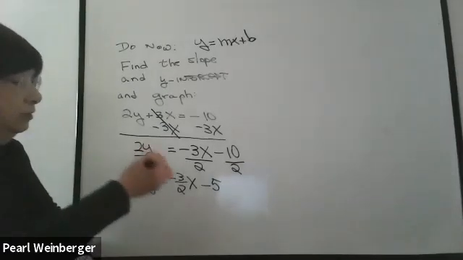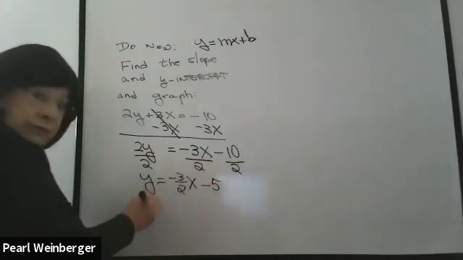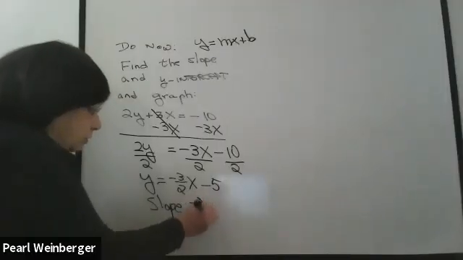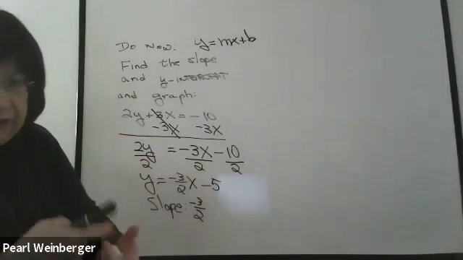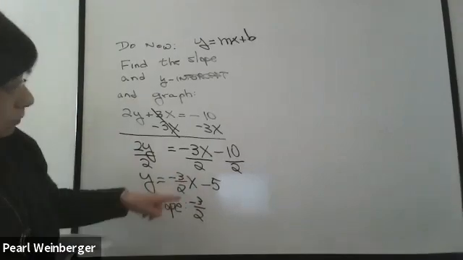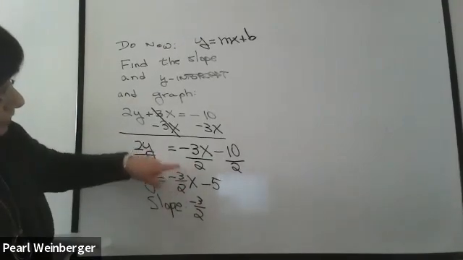So what is the slope of the line? Negative 3 over 2x. And the intercept is negative 5. Okay. First of all, when you talk about the slope, you don't give the x. X is not part of the slope. The slope is the negative 3 over 2. That's why I put it separate.